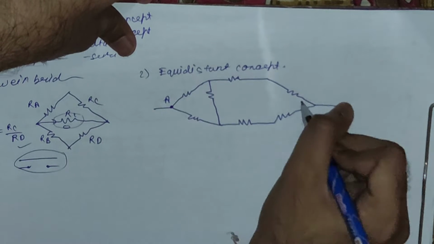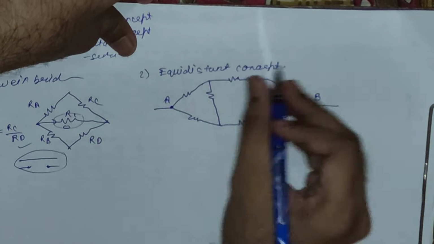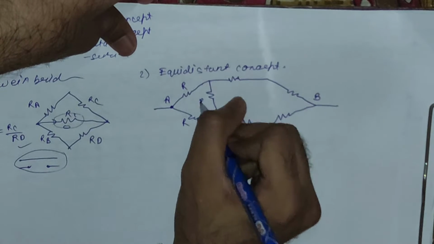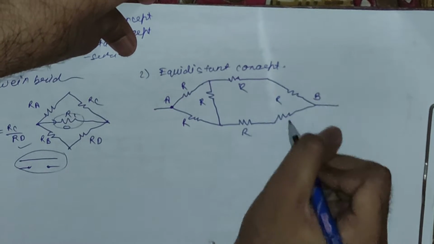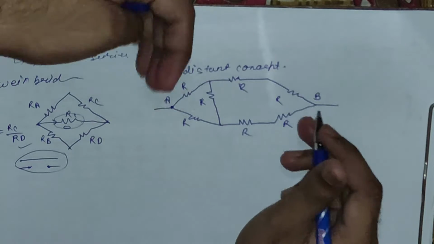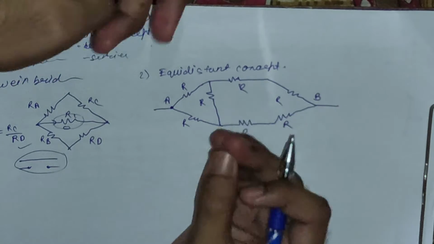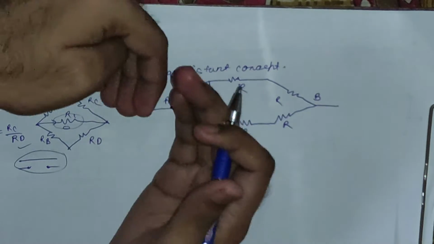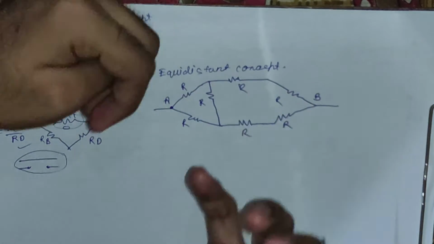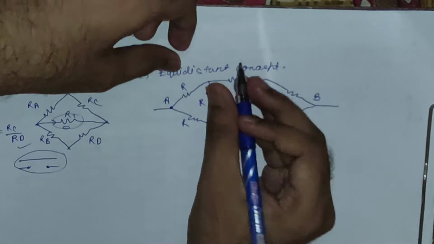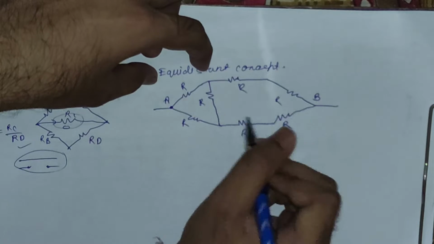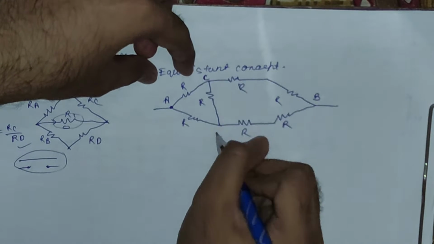This is your A point, this is your B point. Let's say each is R. What you have to check is whether there is any equidistant point, which you can also call an equipotential point. So let's mark the points present here. Let's say this is C, this is D.